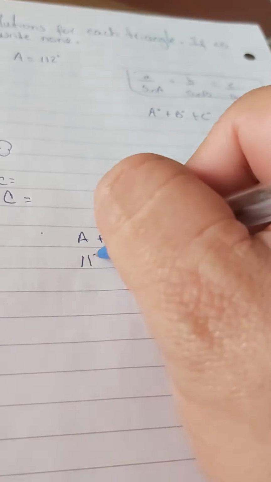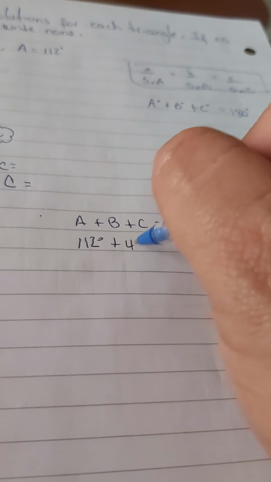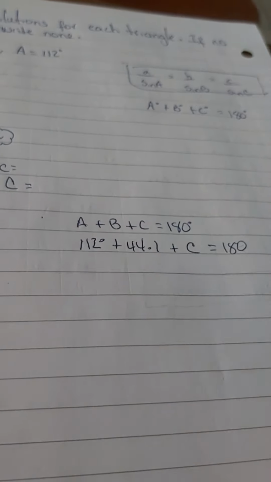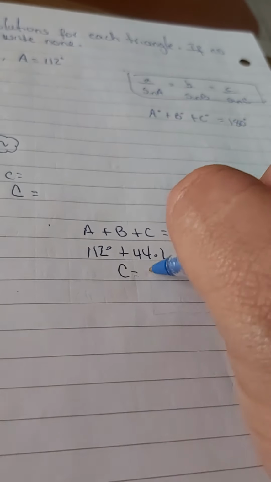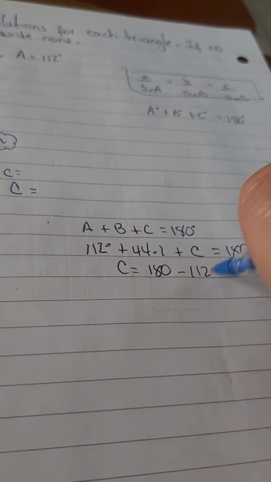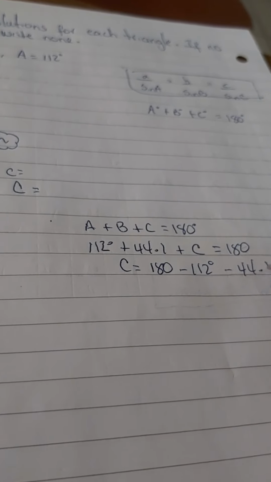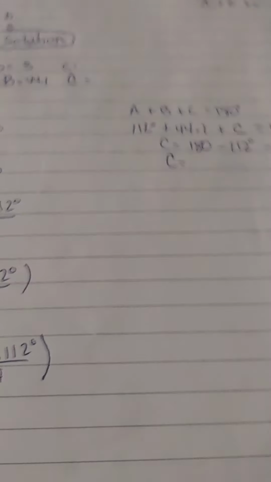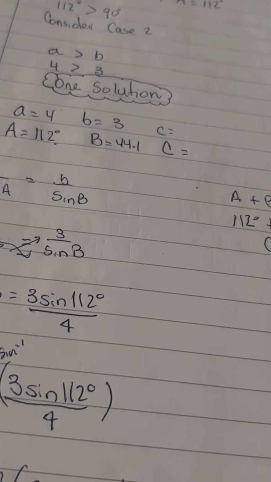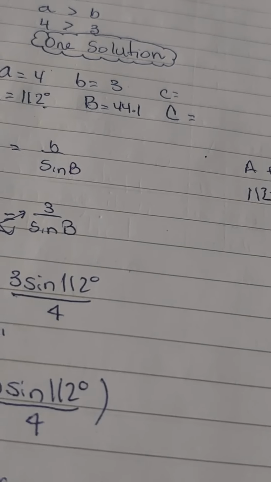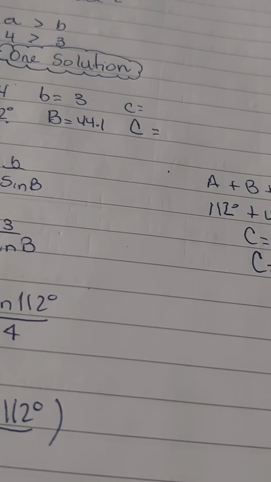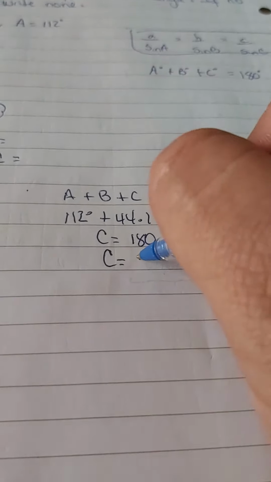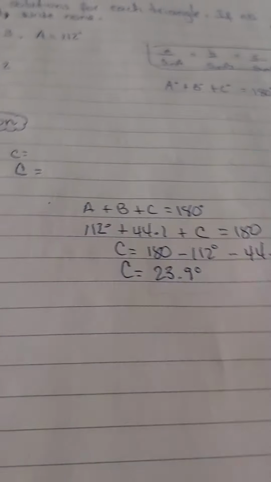That would be 112 plus 44.1 plus C equals 180. So C equals 180 minus 112 minus 44.1. That means that angle C will be equal to 23.9 degrees.